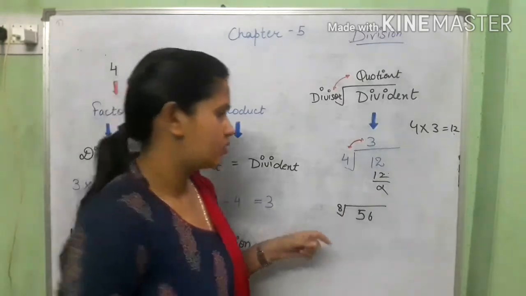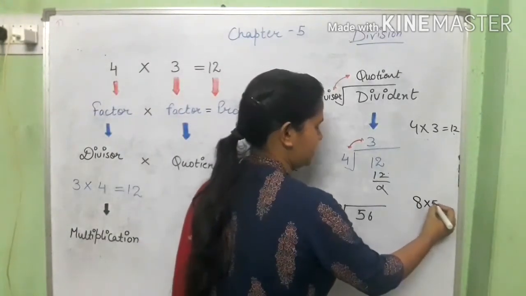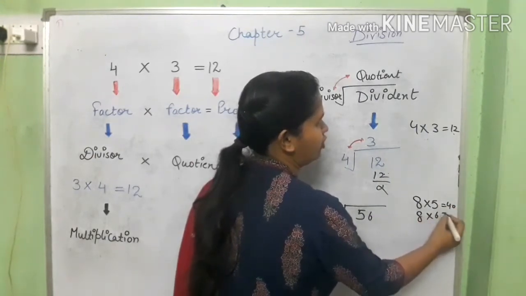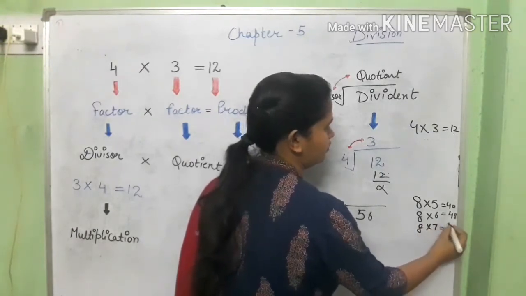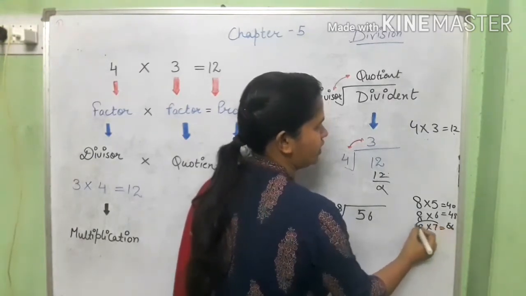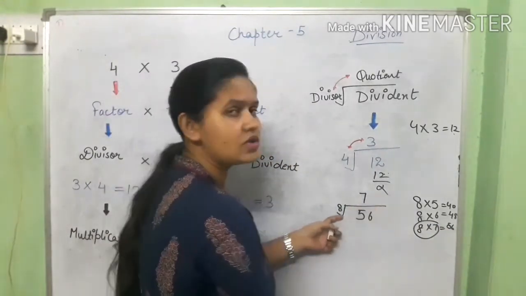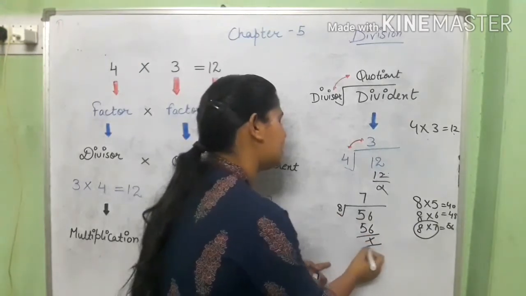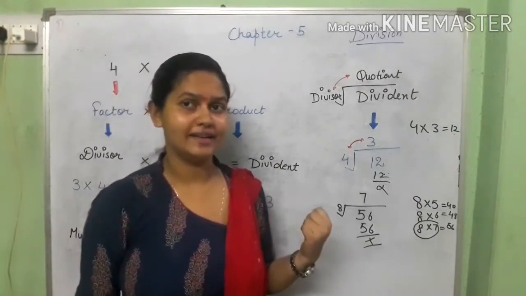So in the table we count: 8 5s are 40, 8 6s are 48, and 8 7s are 56. So 8 is here and 7 will go as the quotient, and 56 will be cut. In this way we have solved our division.